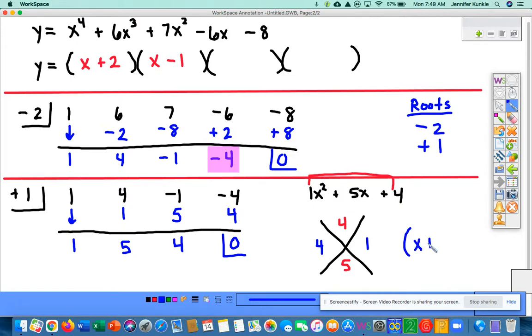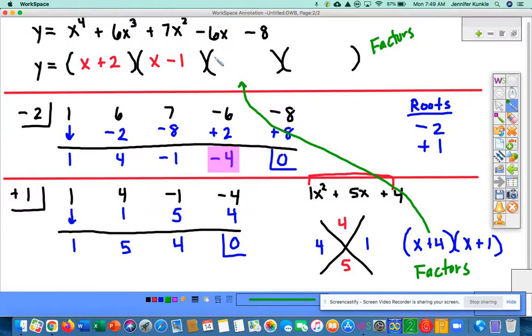So I've got x plus 4 times x plus 1. Now you'll notice these are in parentheses. These are our factors. Okay, just like these are our factors. So I'm just going to take this, put it right up here, take this, and put it right up here.